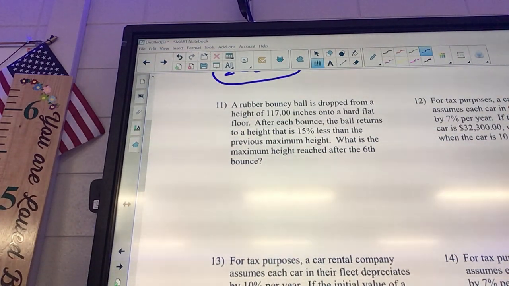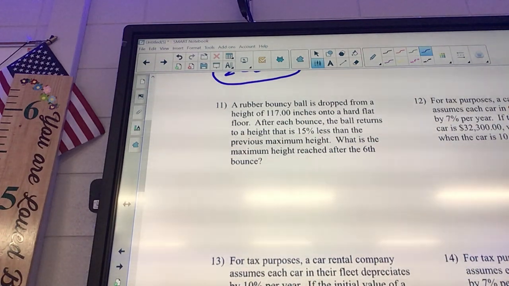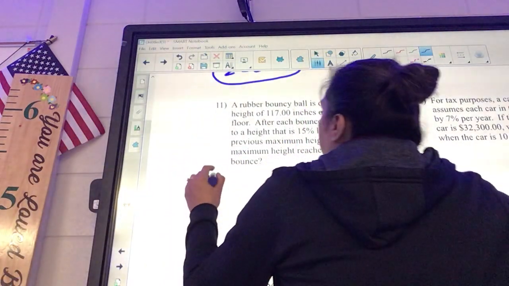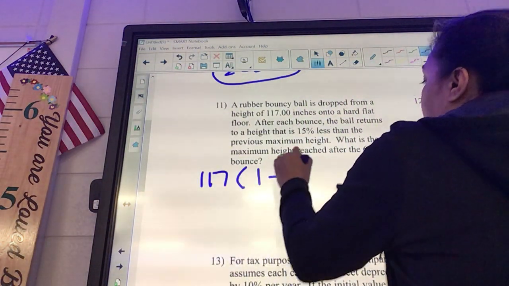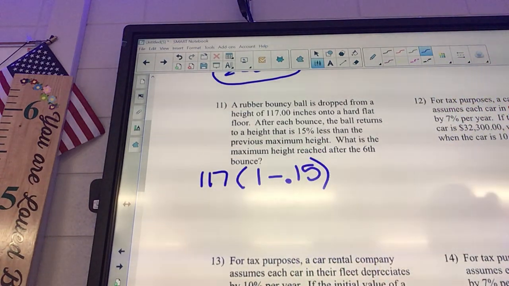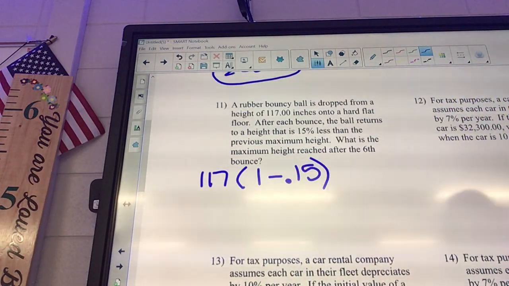Just stop bouncing, okay? So is that decreasing or increasing? It's decreasing. So we got 117, 1 minus 0.15 to the, they want to know after how many bounces? 6.